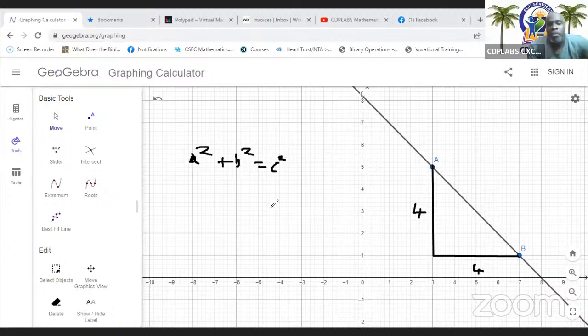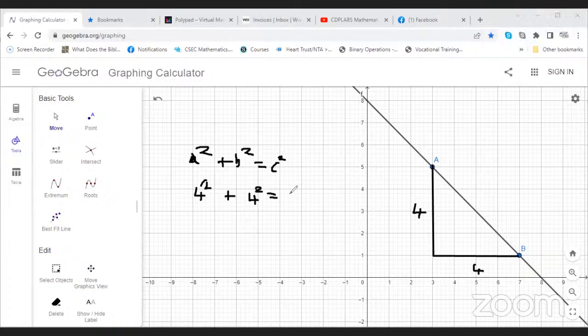So you substitute the letters a and b with the length and the width right here. So a is 4, so you have 4 squared plus again 4 squared. Now we're doing the calculation. Maybe I say 5.5, right?